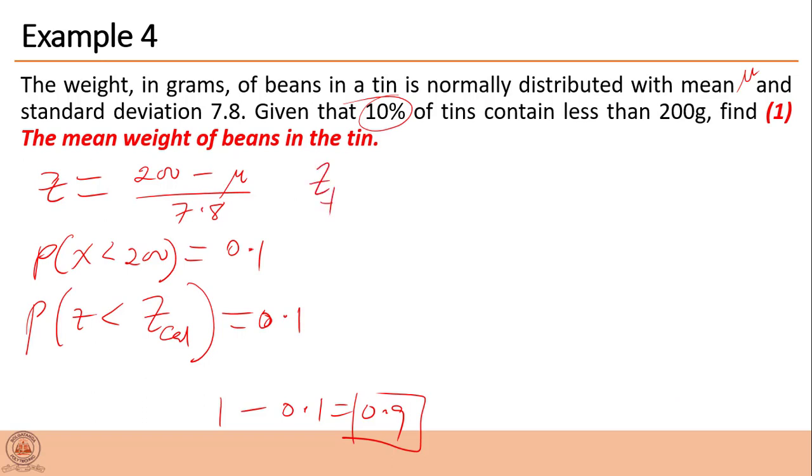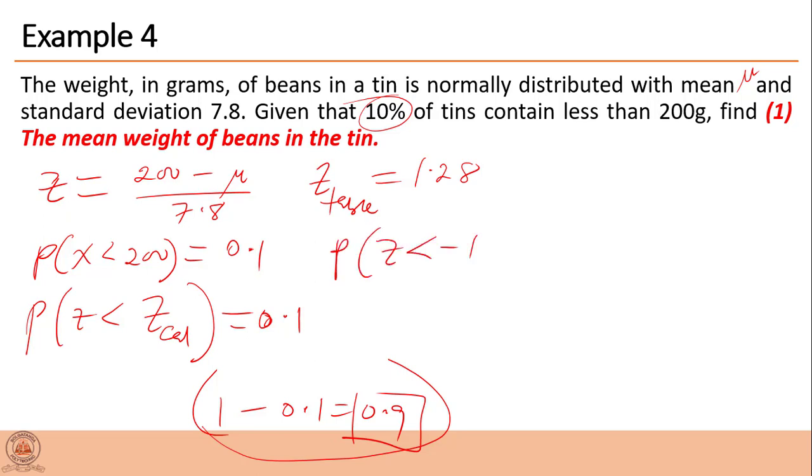So we have z from the table is equal to 1.28, but then that would be the negative counterpart. So we are going to use the negative instead of the positive. So probability of z less than negative 1.28, it's what gave us the 0.1.